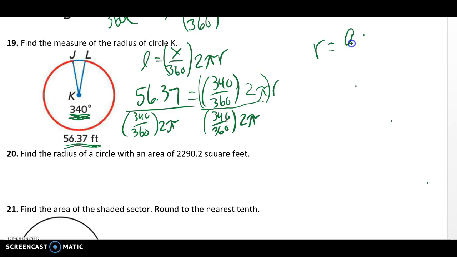Radius is 9.5. Okay, good stuff. And if you weren't comfortable putting it all in the calculator in one step, you can do it one part at a time. You can do 56 divided by the fraction, divided by 2, divided by pi, whatever you're comfortable with. Just make sure you find that the radius is 9.5.